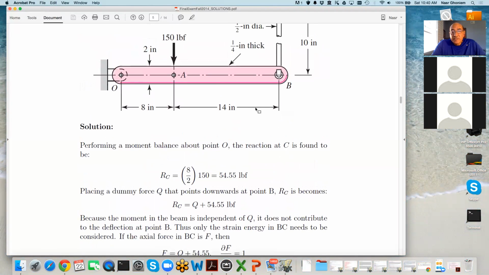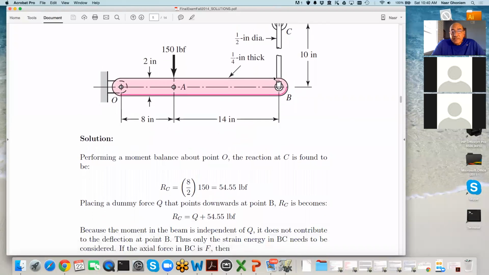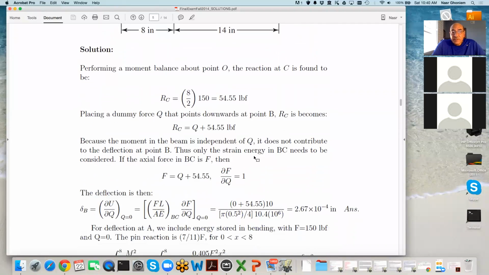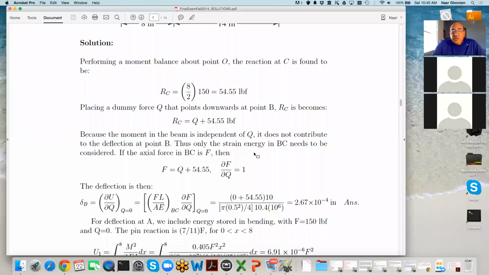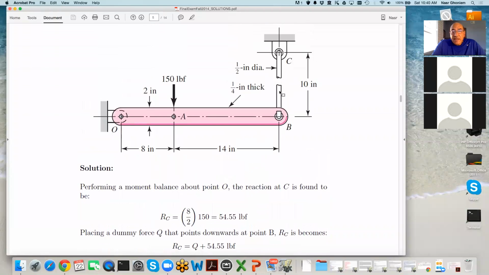We determine the reaction at C, and then the reaction at C is 54. Then we add a Q because this is a fictitious Q. So there's a 54 plus Q in this rod. Now the energy part of it is going to be axial, stored in this axial, and the other part is bending here and bending here.